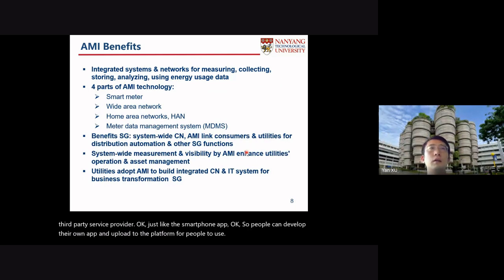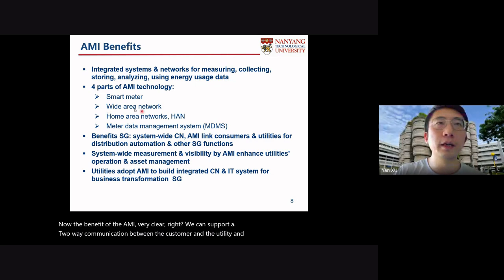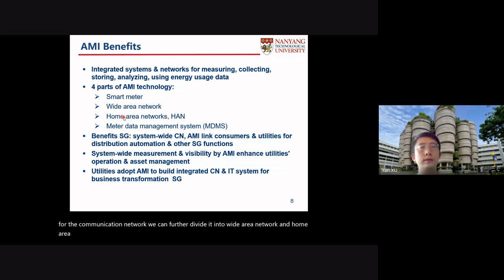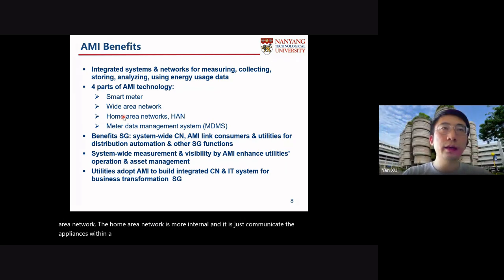Now, the benefit of the AMI is very clear. We can support two-way communication between the customer and the utility. Importantly, sometimes for the communication network, we can further divide it into wide area network and home area network. The home area network is more internal, it just communicates the appliances within a home. Then the wide area network is to communicate the household with the external system.